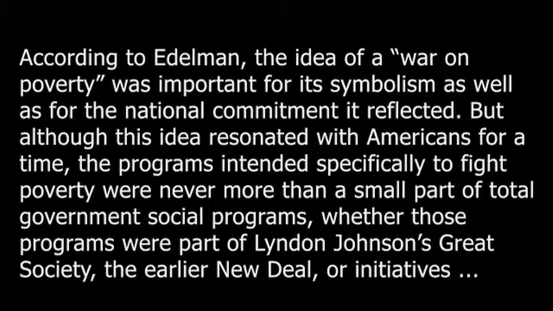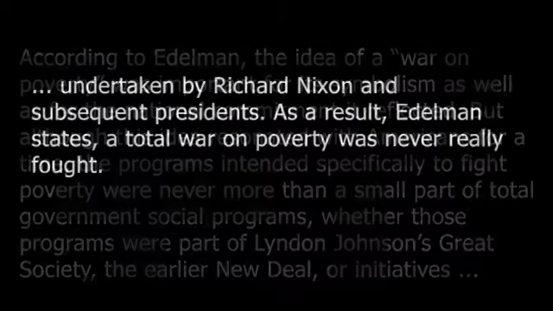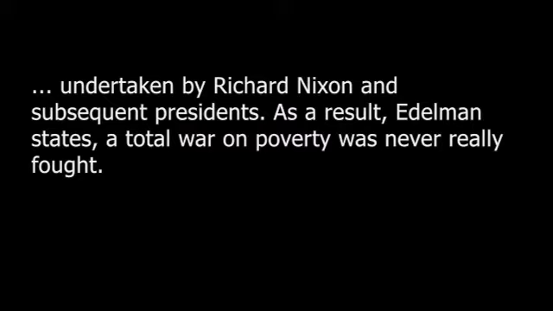But although this idea resonated with Americans for a time, the programs intended specifically to fight poverty were never more than a small part of total government social programs, whether those programs were part of Lyndon Johnson's Great Society, the earlier New Deal, or initiatives undertaken by Richard Nixon and subsequent presidents. As a result, Edelman states a total war on poverty was never really fought. Okay?